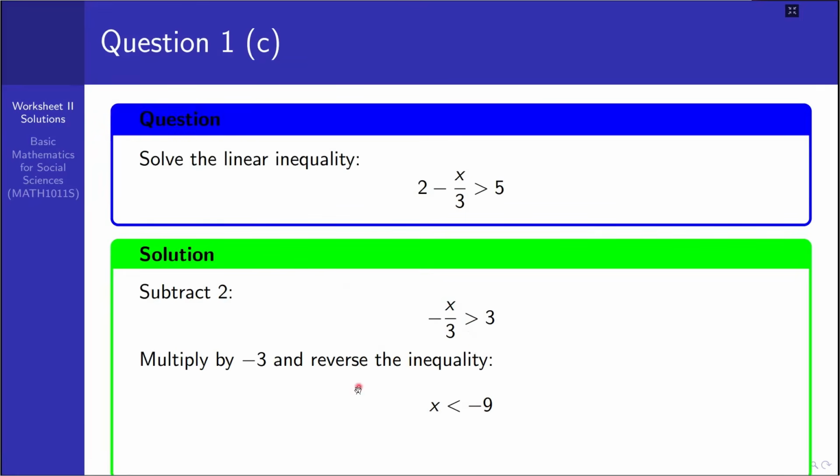Therefore, multiplying both sides of this inequality by negative 3 must change the sign of inequality from greater than to less than, so that when we multiply both sides by negative 3, we have x less than negative 9. Therefore, the solution set will be x less than negative 9, or an open interval from negative 9 to negative infinity.